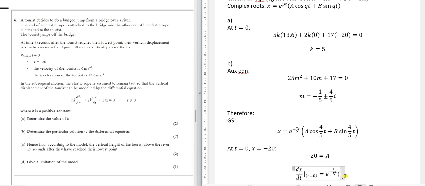So e to the minus a fifth t multiplied by some stuff, and then minus a fifth e to the minus a fifth t multiplied by, and this will be where we differentiate these pieces. I only care about the bits that are actually going to have non-zero values when we sub in t equals 0. So for this version where it's not differentiated, the trig stuff will be differentiated. The cos bit is going to become sine, so I don't care about it.